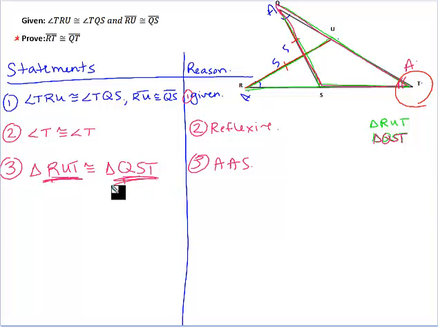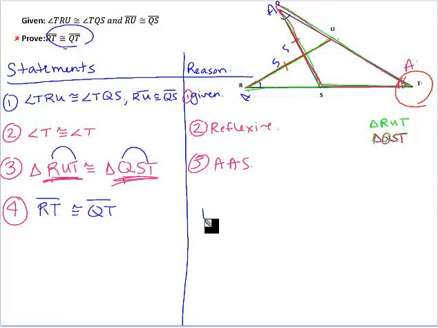And now if these two triangles are congruent, that certainly means that their corresponding parts are. If you look at our congruency statement here, we want to show RT and QT are equal. Well, RT and QT, those are our first and our last letters of both statements, so they have to be congruent. So RT has to be congruent to QT, and the reason why is corresponding parts of congruent triangles are congruent, CPCTC.